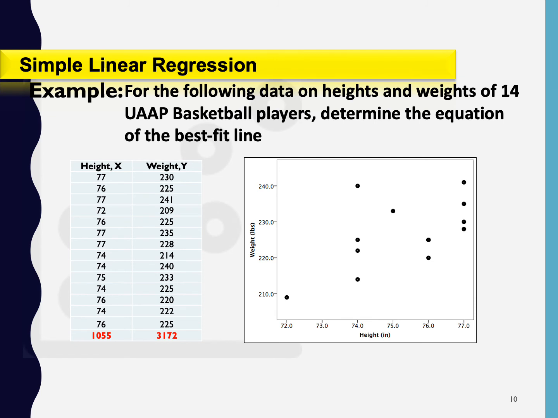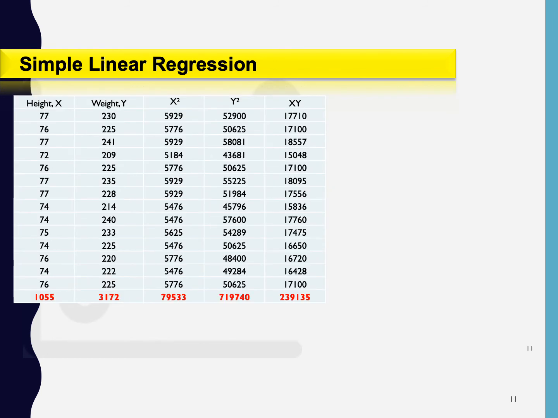Looking at the previous example of the 14 UAAP basketball players, determine the equation of the best fit line. Again, you need to get the sums of the x and y variables. The best fit line of the data is illustrated in the graph. Using the values that we calculated a while ago, you can now solve for the slope by substituting the values.